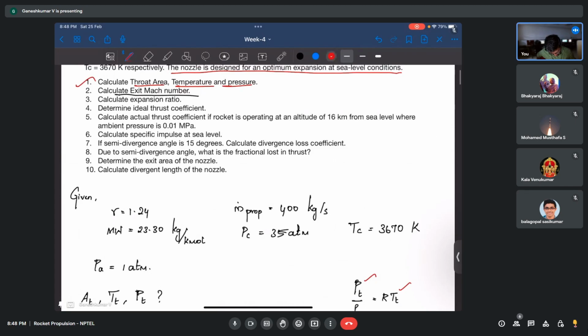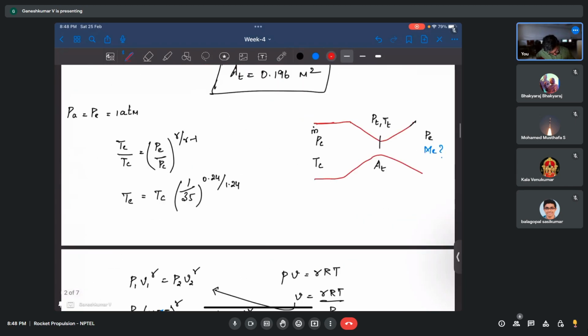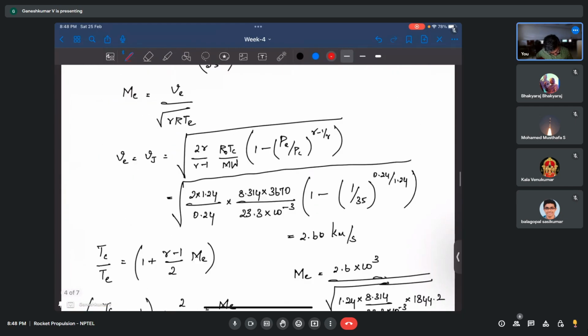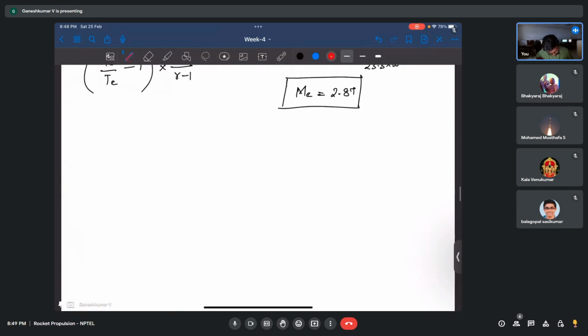So now we need to find the expansion ratio. That can be easily found, right? Because we know the area of the throat. We know the expansion ratio formula. What is the expansion ratio formula? There are a lot. We have the formula here, it will be easy.